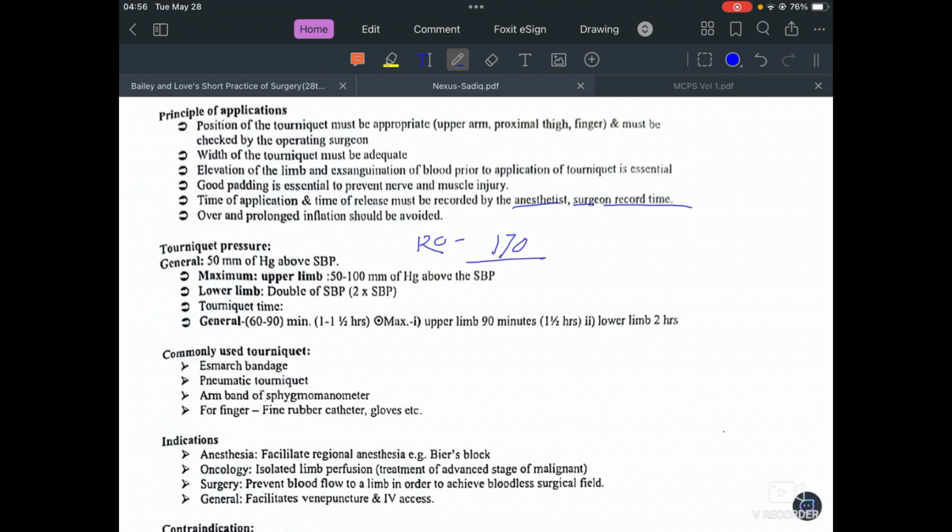For the upper limb it is 50 to 100 mm mercury above systolic blood pressure, so we can go up to 220.